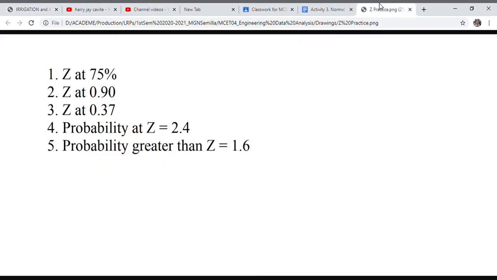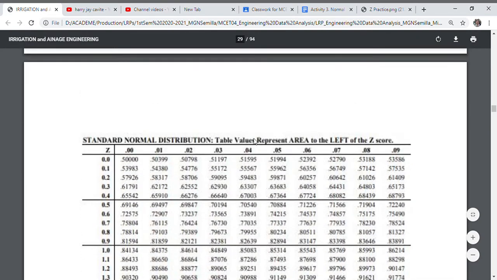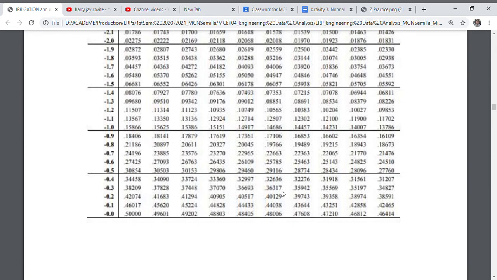And then the next one is Z at 0.37. So where is 0.37? Okay, here. We have 0.370 or 0.366.